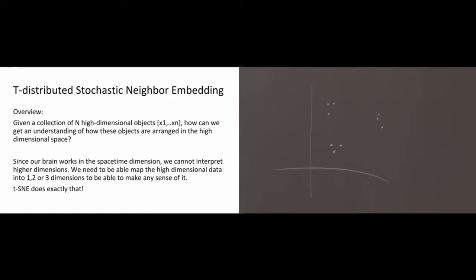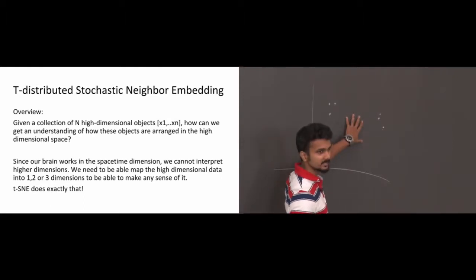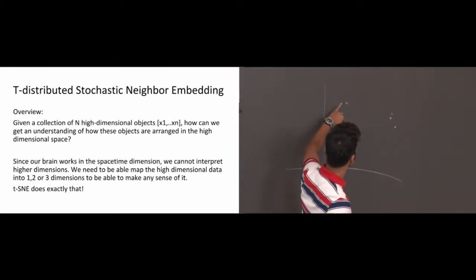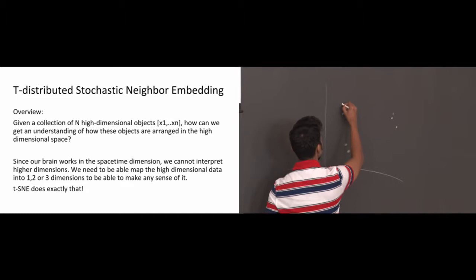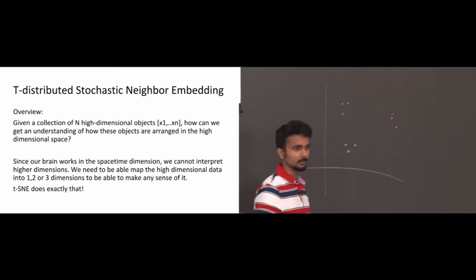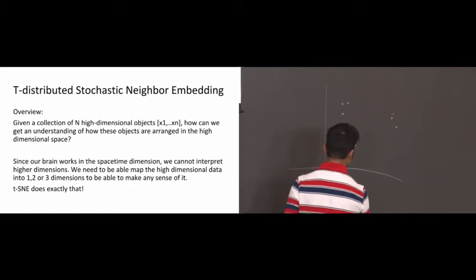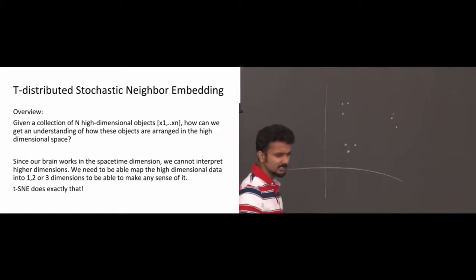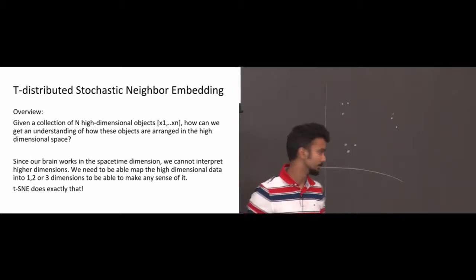Yeah. So basically, we have these samples in some space. What t-SNE does is it picks one sample and compares this sample with every other sample in your data set. Then it projects it in the form of a normal distribution.